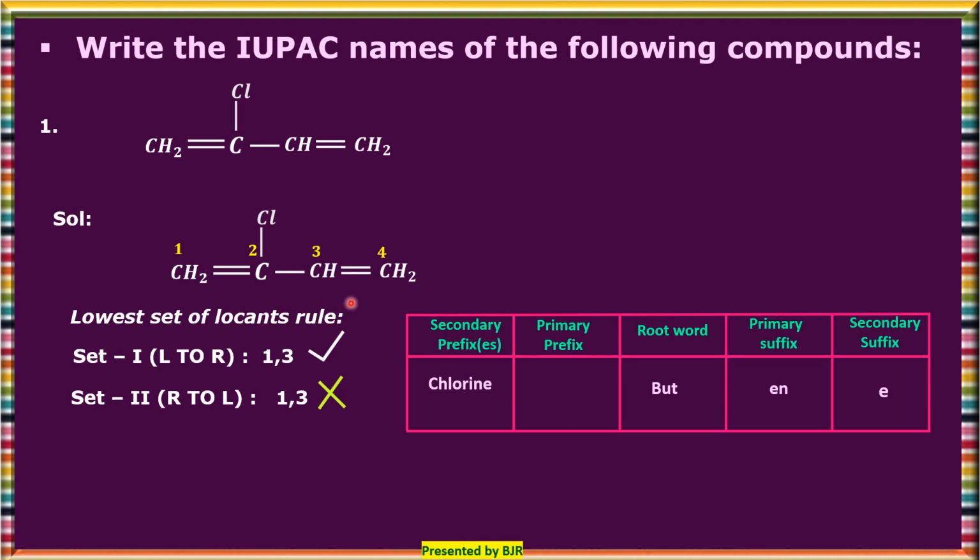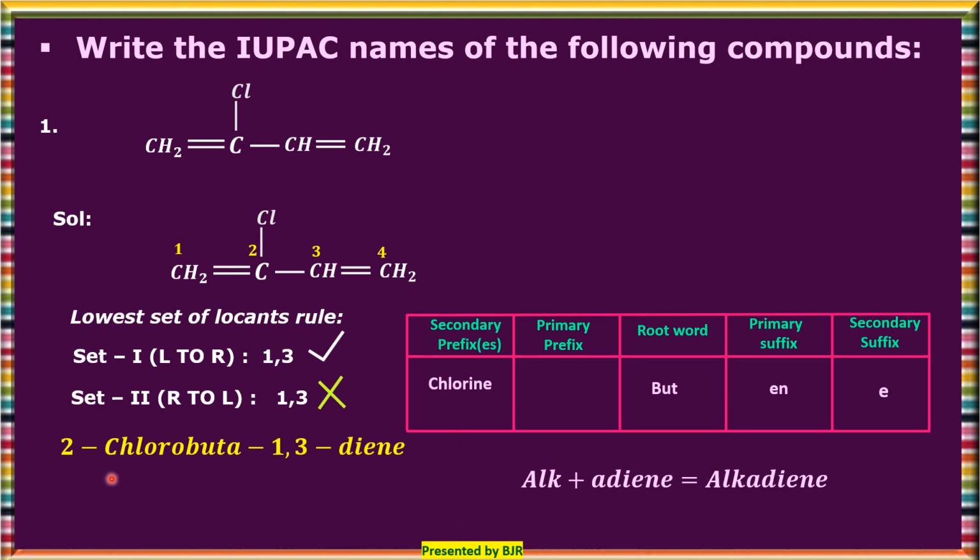For that reason we have to add a to the root word. Alk plus a diene, alkadiene, alka, that means buta. So 2-chlorobuta-1,3-diene.